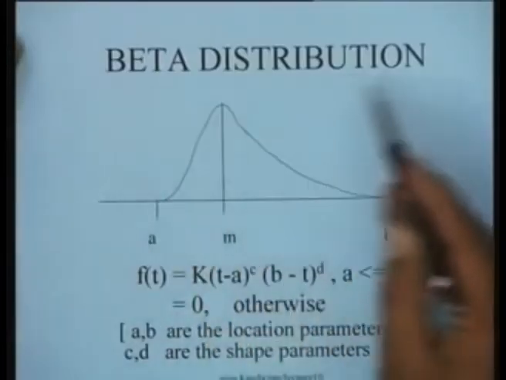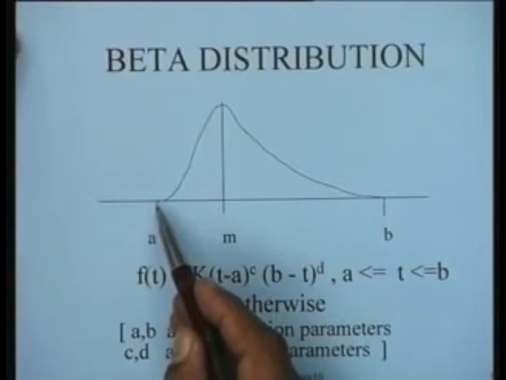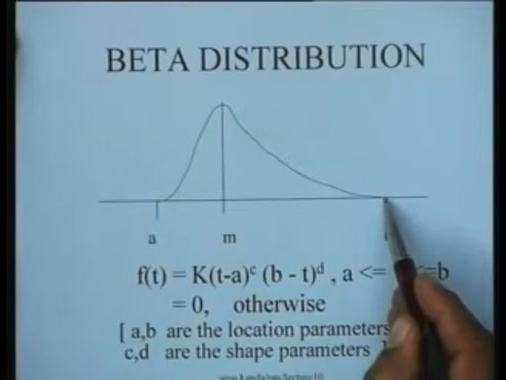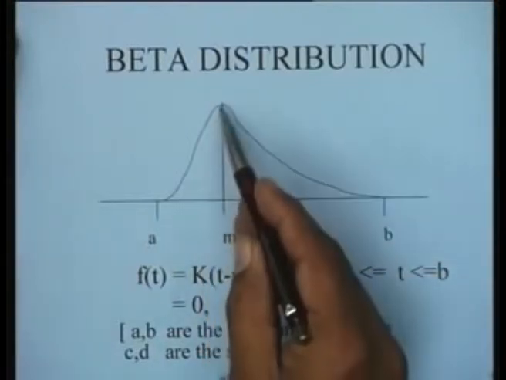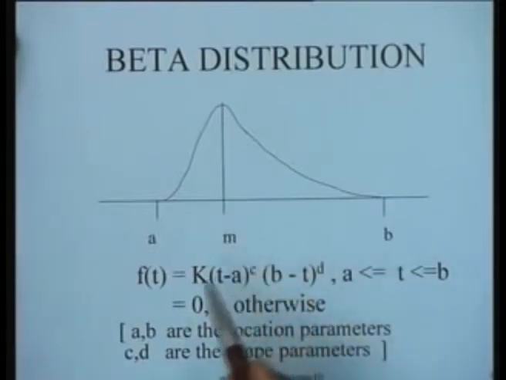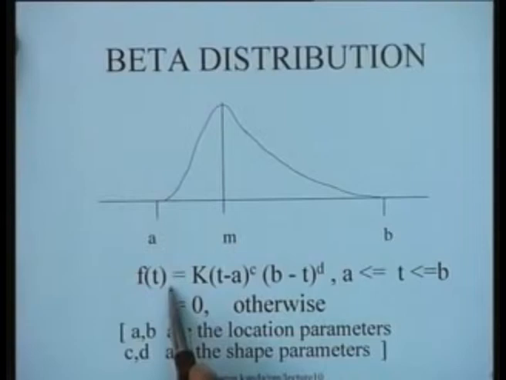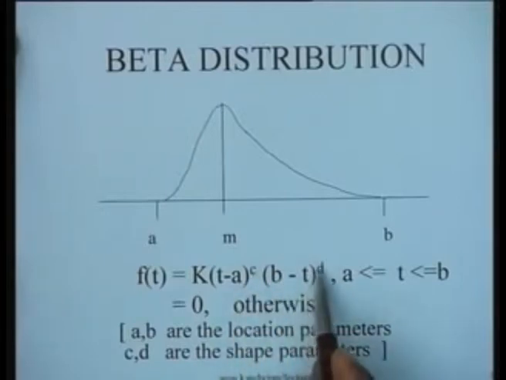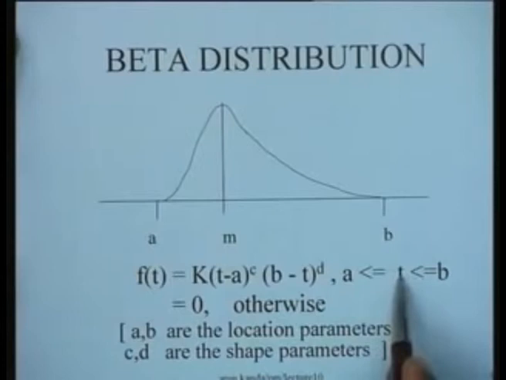You see that the beta distribution is a distribution which has a minimum value at A and a maximum value at B, and it has a mode, a maximum peak at this particular value of M. In fact the probability density function of the beta distribution is given by this particular function, where k is a constant, and this is multiplied with (t - a) to the power c and (b - t) to the power d, where t lies between a and b, and it is 0 otherwise.